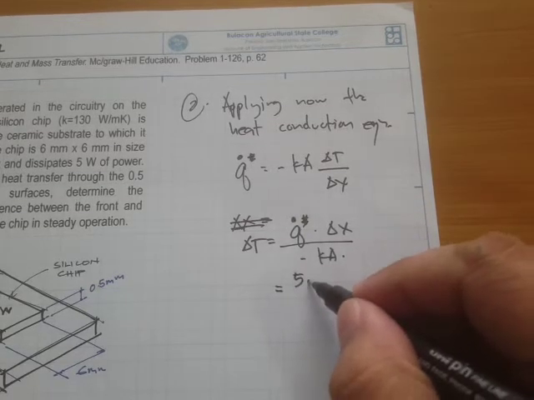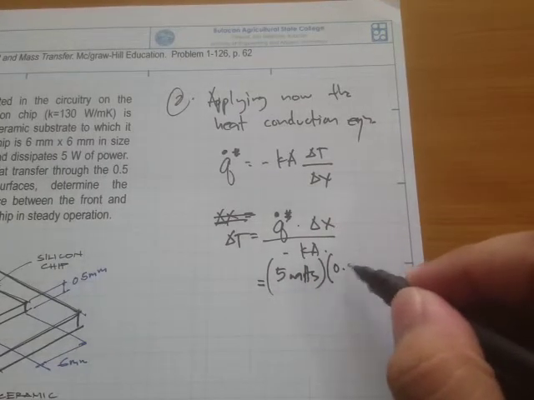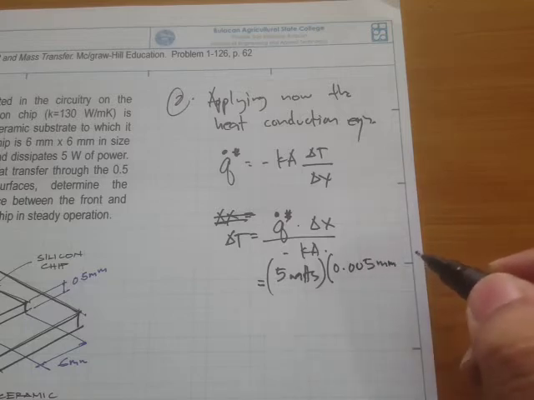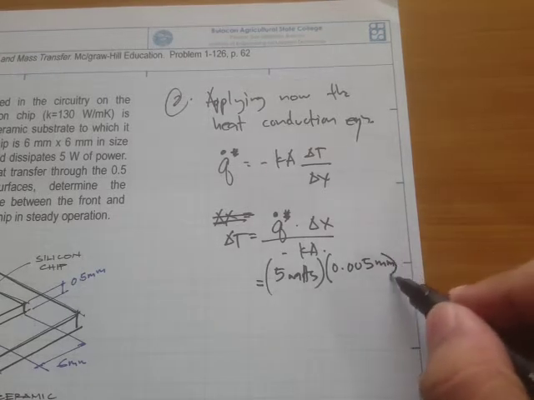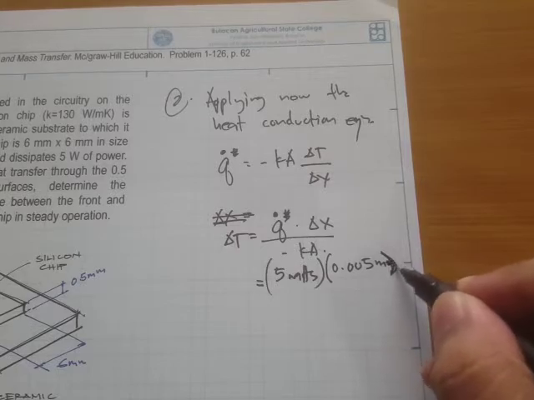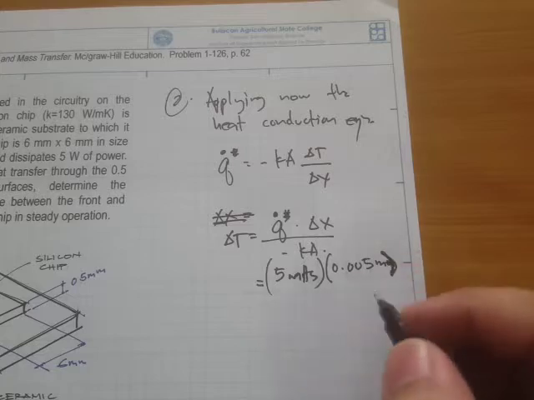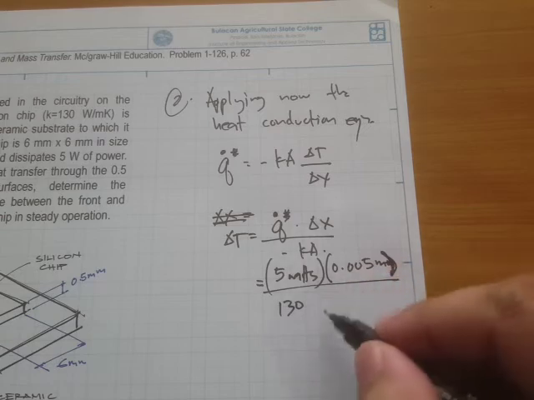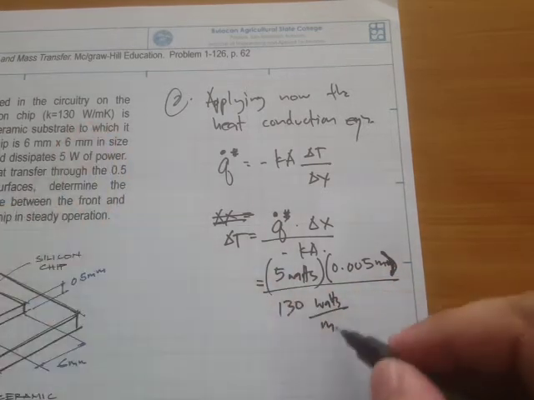Okay, so let's substitute all the values. We have 5 watts times the delta x, which is 0.005 millimeter. This should be in meter. So we convert everything to our base units, watts and meters. So this 0.005 divided by the thermal conductivity, 130 watts per meter Kelvin.